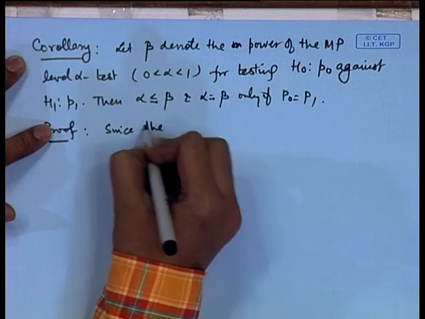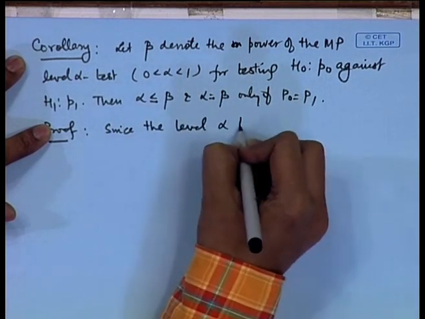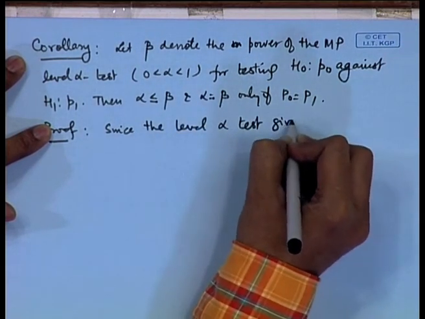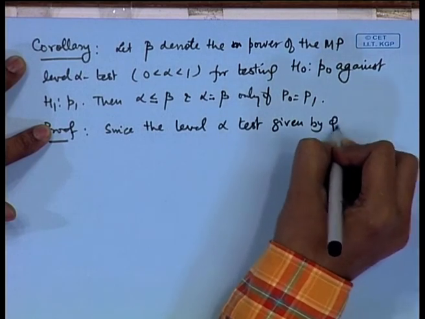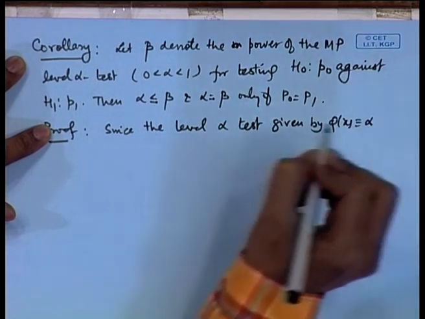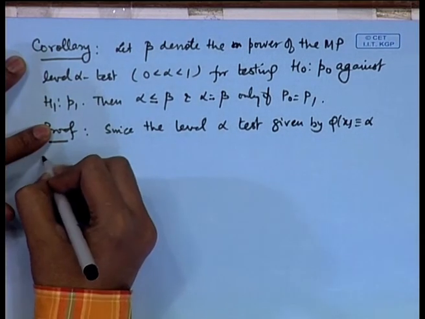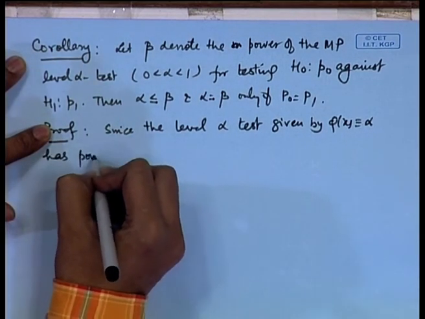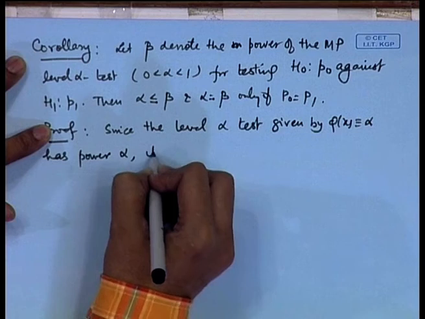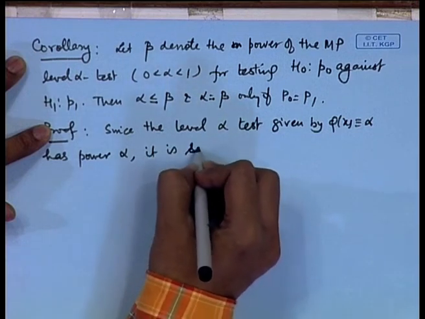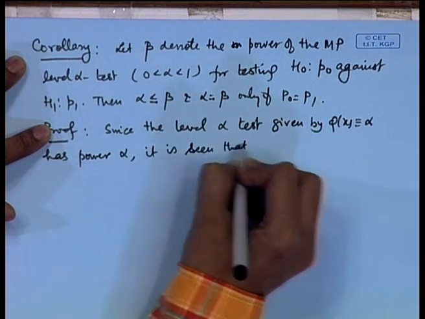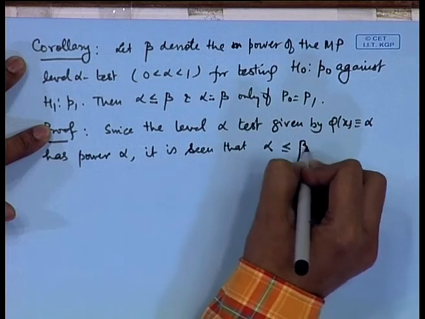Since the level alpha test given by phi x equal to alpha throughout has power alpha, it is seen that alpha has to be less than or equal to beta.